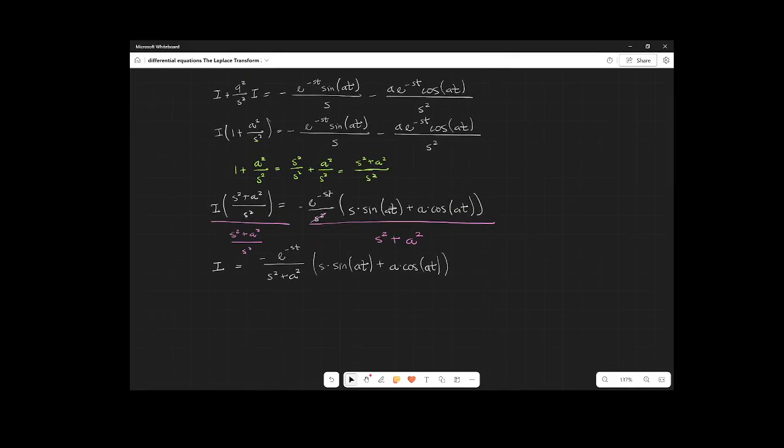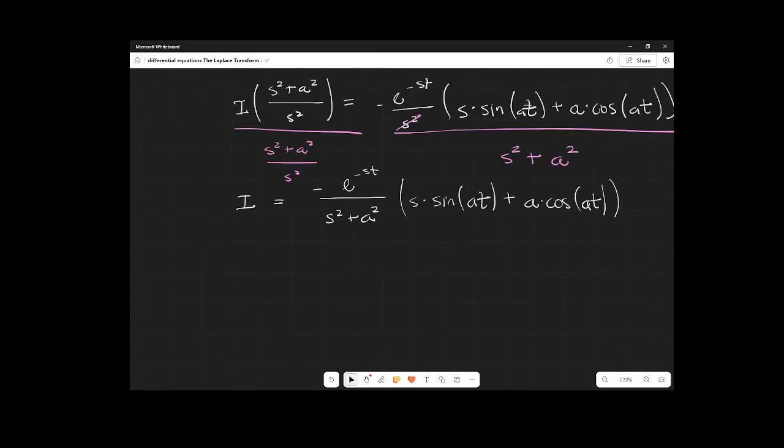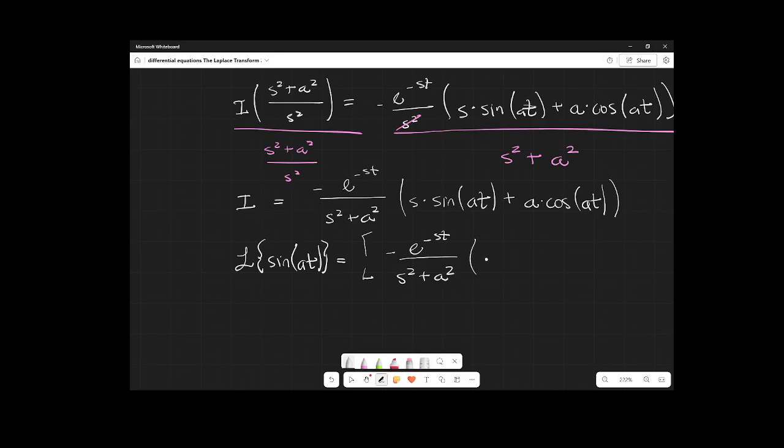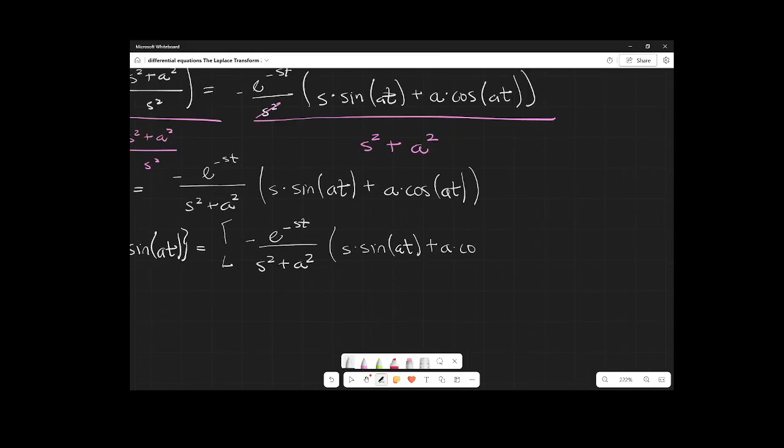So we basically found the integral. That is, and then I'll apply the bounds here.